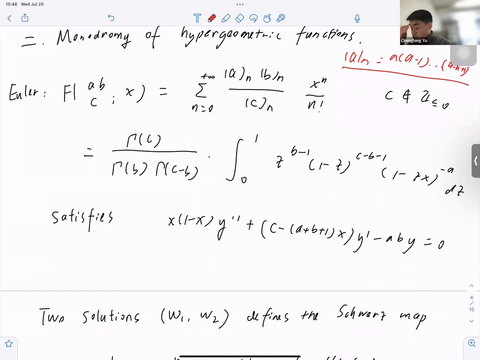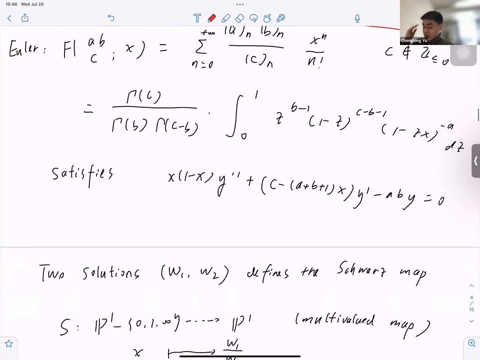It's also called the hypergeometric differential equation. And since it's second order, and also it has regular singular points at 0, 1, infinity, we have two solutions for this equation. And these two solutions will have analytic continuation on the complex plane, except 0 and 1. So it may have some singularities at 0 and 1.